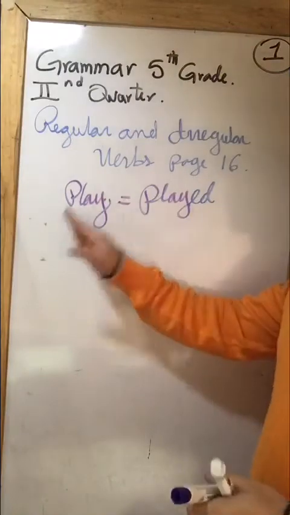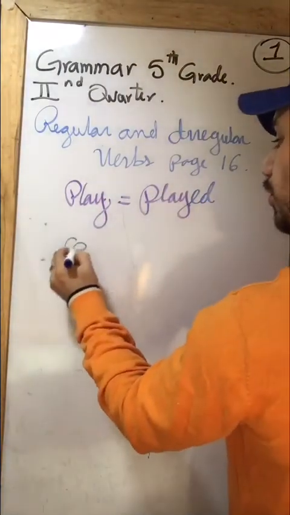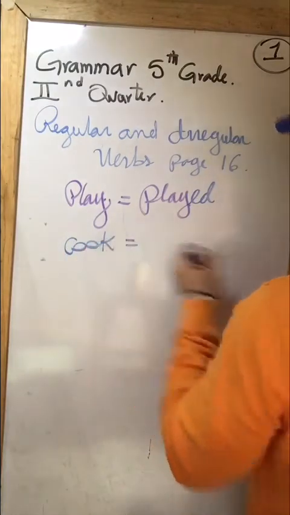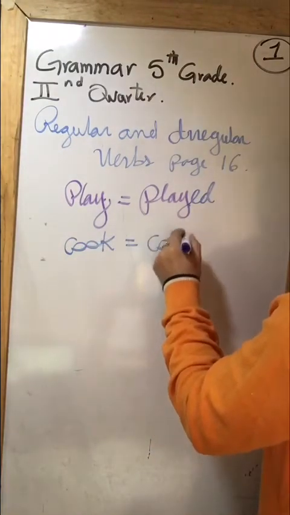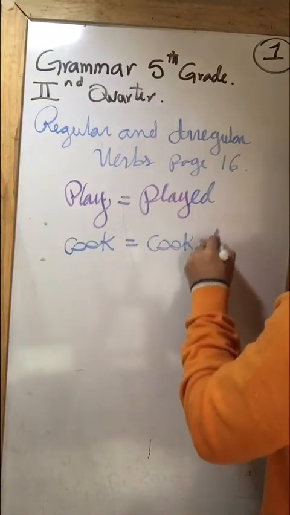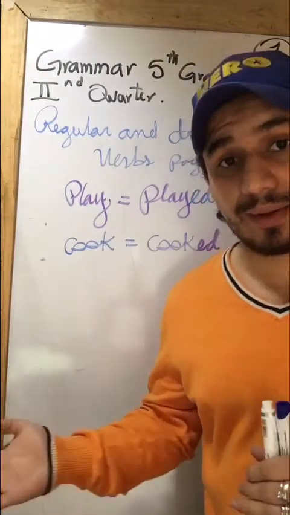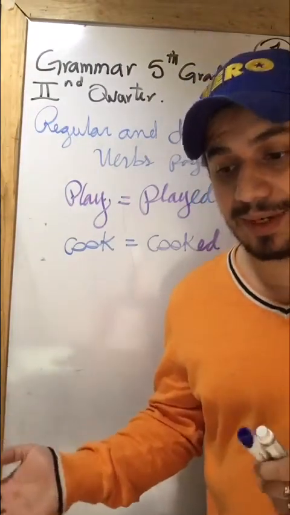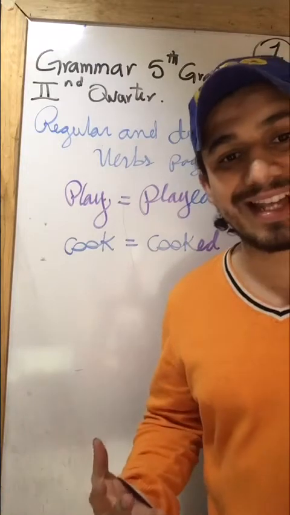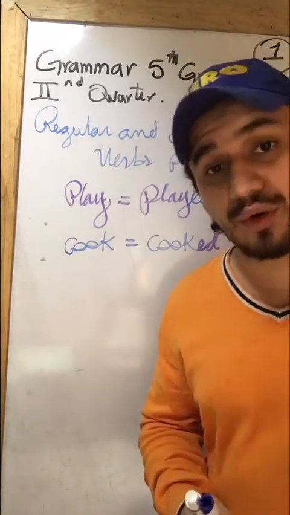When we take play to played, or for an example, cook to cooked. See, so it's very simple when we're taking a verb that is in present to past, just adding ed to it. And we have multiple examples for it.